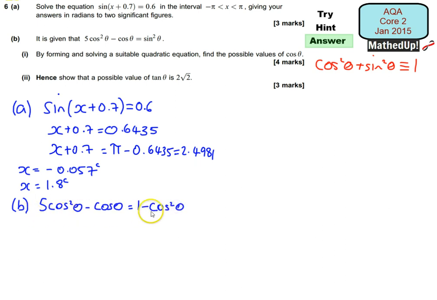Now I've expressed this using the same ratio throughout. If I now turn this into a quadratic equation, I'm going to add cos squared theta to both sides, so I'm going to get 6 cos squared theta.